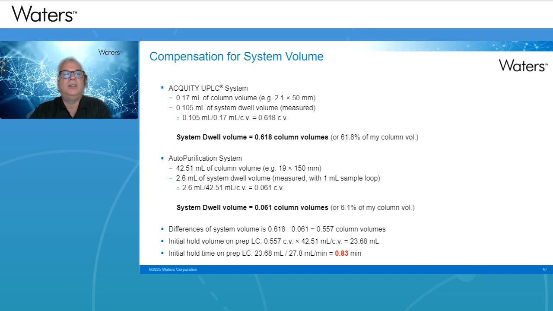And here I do the same with the autopurification system. You see I have a huge column here of 42 milliliters, and my system, a prep system, has 2.6 ml. But 2.6 ml relative to 42 is 0.06. So I have a very, very small dwell volume compared to the other one. The number here is bigger than here, but relative to my column, it is much smaller. And that's why I have a difference here.